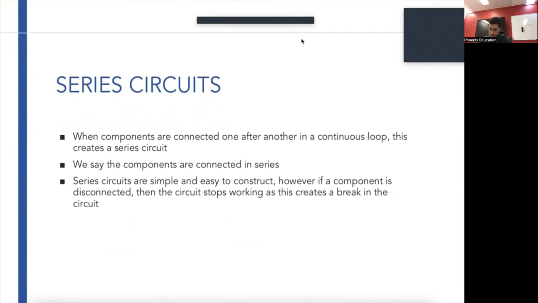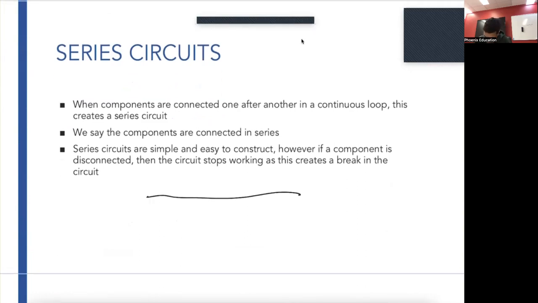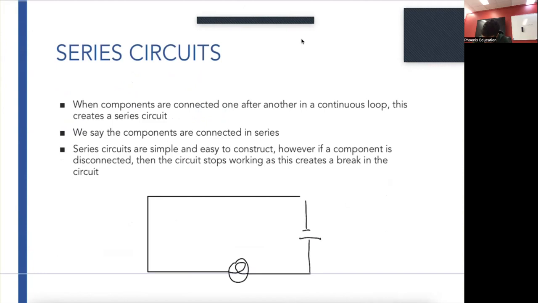So series circuits are basically circuits with one continuous loop. An example of a series circuit would simply be this. If you have some sort of lamp, this is our lamp, and this is our battery. This would be a series circuit, since it's one continuous loop.